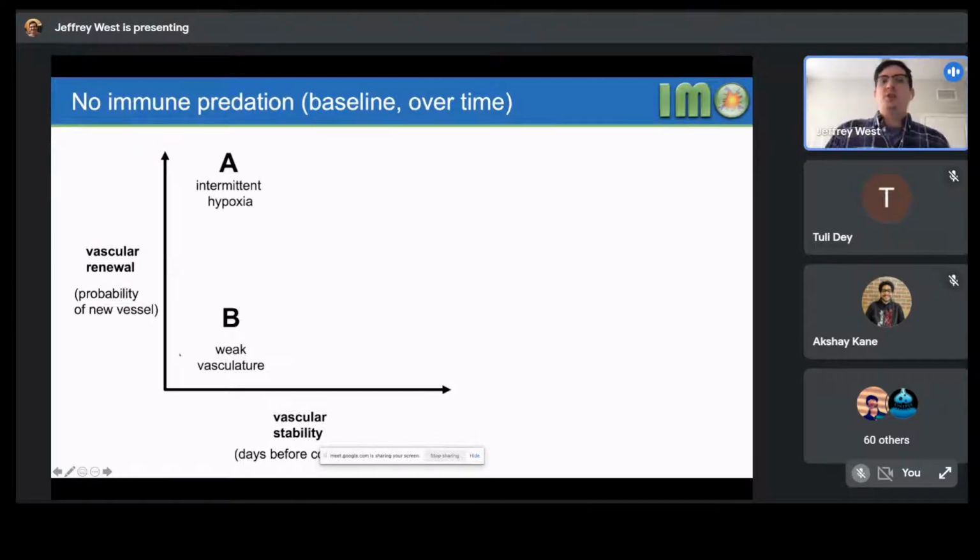So we're going to look at two cases that are clinically relevant verbiage describing these two different parameter sets. The first is intermittent hypoxia, where the vessels collapse after very few days. They collapse very often, but they're renewed pretty quickly. And then the second is weak vasculature. Vessels collapse very often and they're not renewed very often. So that would be associated with very harsh conditions.